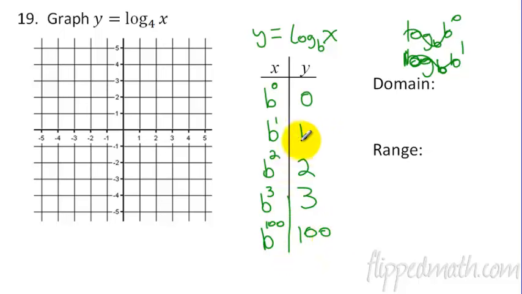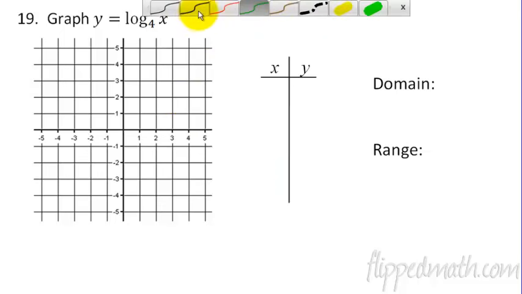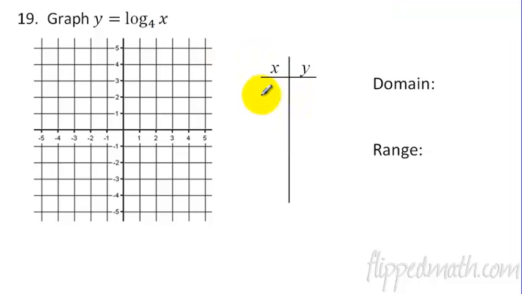So what you plug in for a t-chart depends on what the base is. You're just going to plug in whatever the base number is. In this first example, it's going to be a 4, and you're going to plug in 4 to the 0, 4 to the 1, 4 to the 2, and so forth. All right, so let's do that. So get rid of this. This should be on the side of your notes. I'm now going to fill in an example for number 19, and let's plug in 4 to the 0.